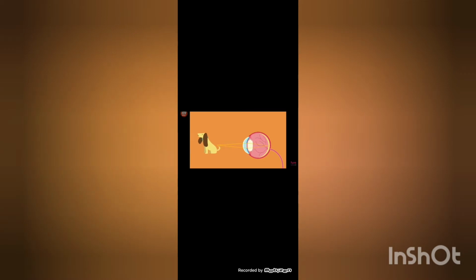These changes increase or decrease the refraction of incoming light onto the retina. Changing the thickness and curvature of the lens is done by the ciliary muscle, contracting and relaxing, which are connected to the lens by suspensory ligaments.